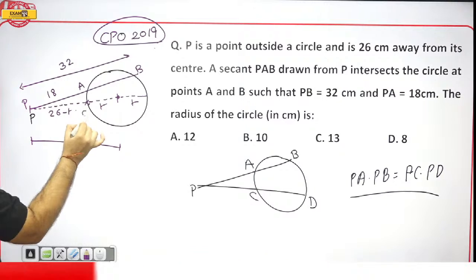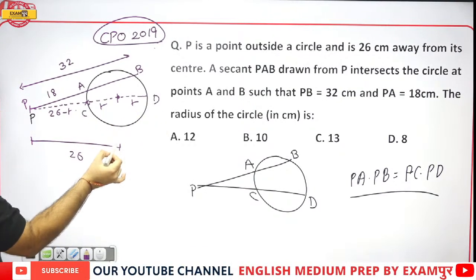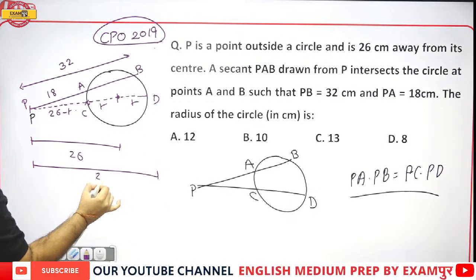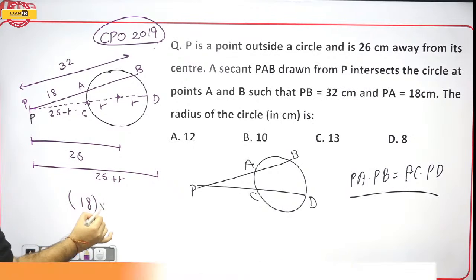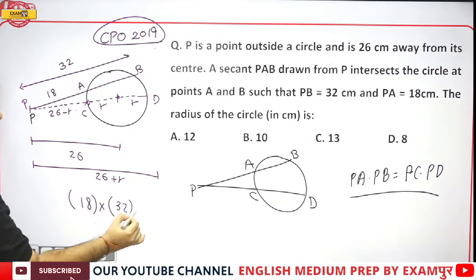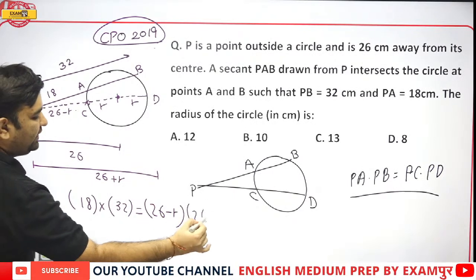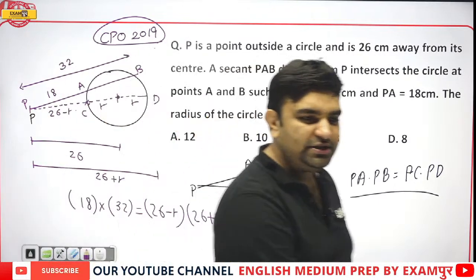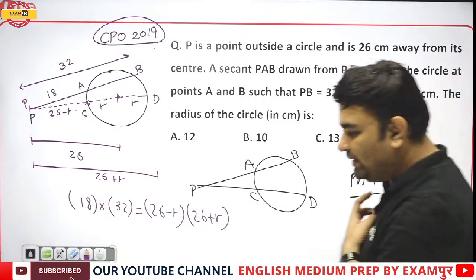I'm giving it the name C. And PD becomes 26 plus R. So PA is 18, PB is 32, PC is 26 minus R, and PD is 26 plus R. Question is over.